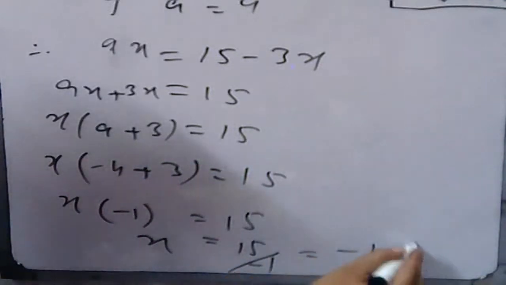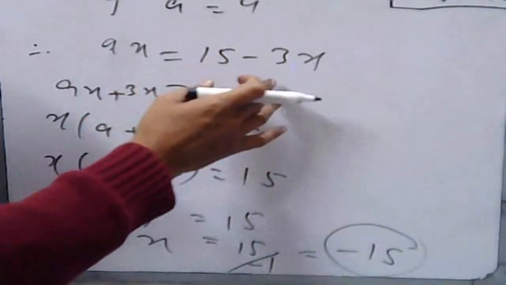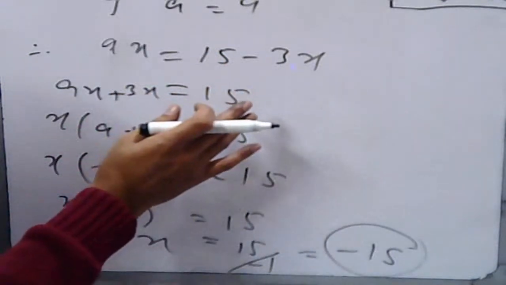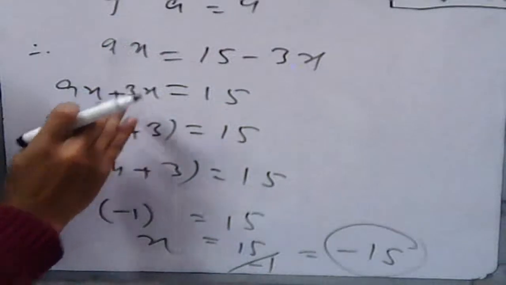So minus 15 is your required result, because after shifting to one side you get the exact result. I think you should be careful about it. If you make any mistake, it will create a big problem for you. When you shift minus 3x it becomes plus, so take common plus.